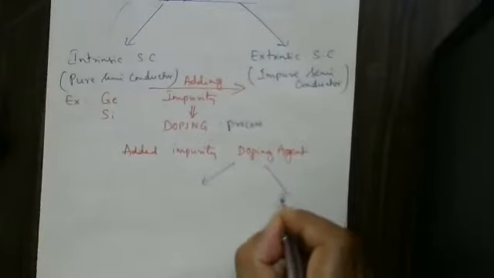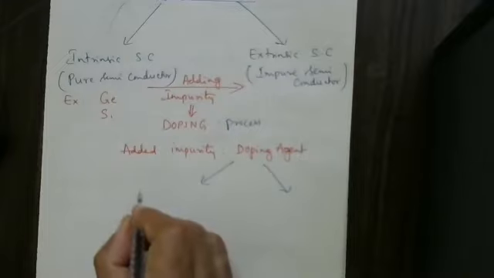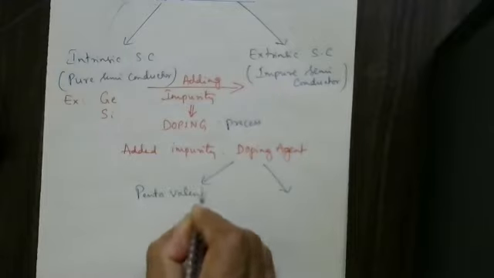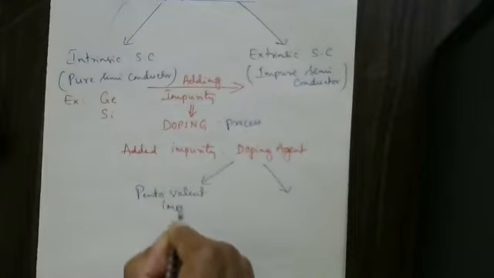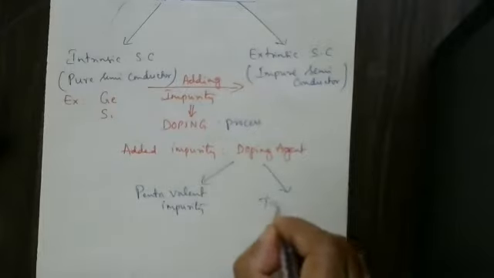There are two types of doping agents. One is pentavalent impurity, and the other is trivalent impurity.